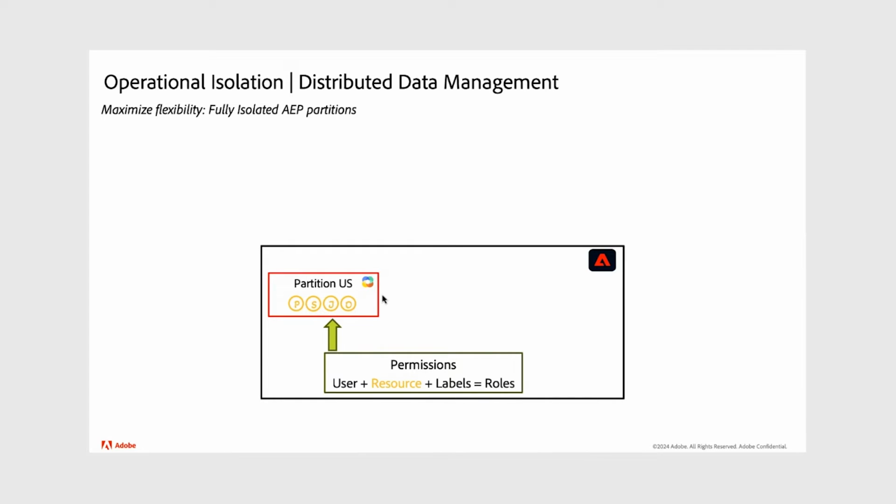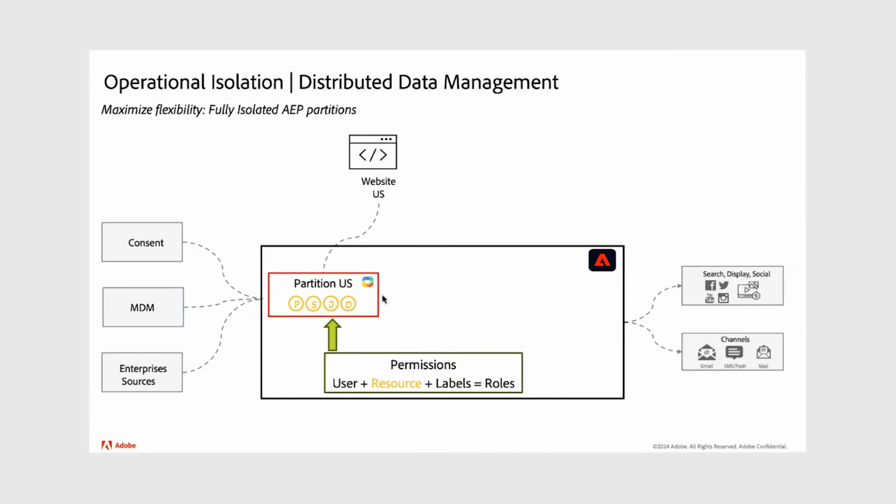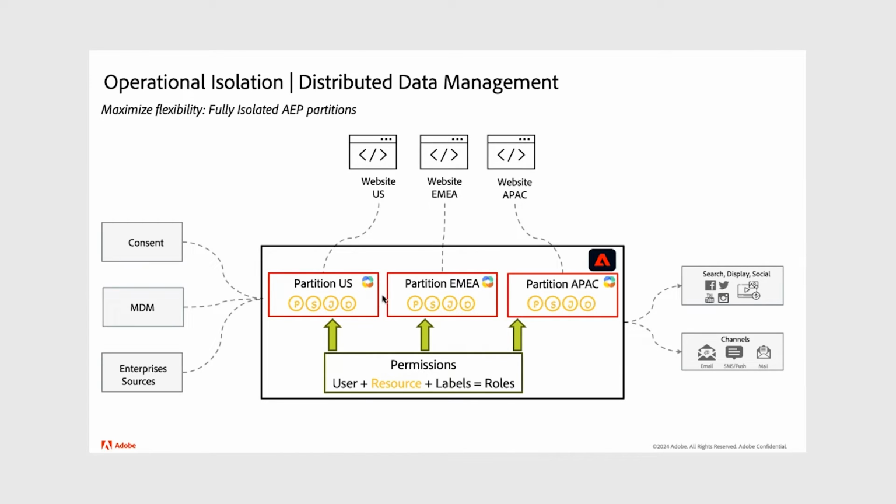So in this case, let's say I create a role for the US, and only my US marketing team will access the US partition. And everything that is happening within that partition will be isolated from the other partitions. So I'm able to create multiple partitions to cater for my needs.